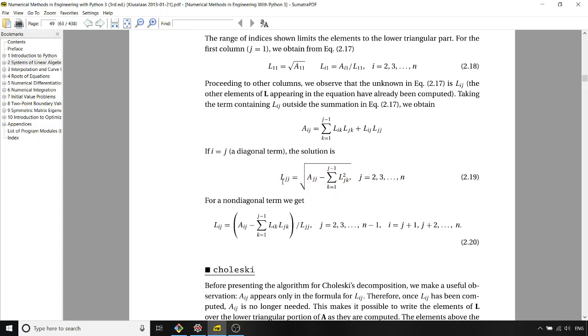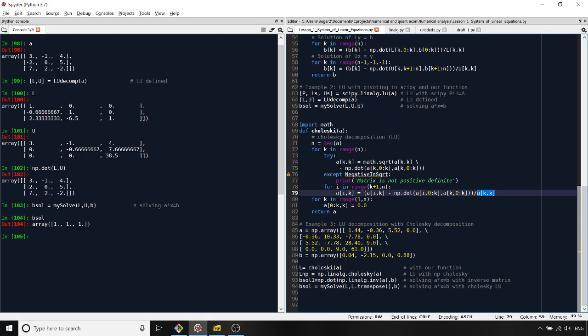We get LJJs, the elements on the diagonal here, then we just use them here. So it's used here, then we get all of the A's, and just to make the matrix triangular, we put the values below the main diagonal as 0, and we get A.